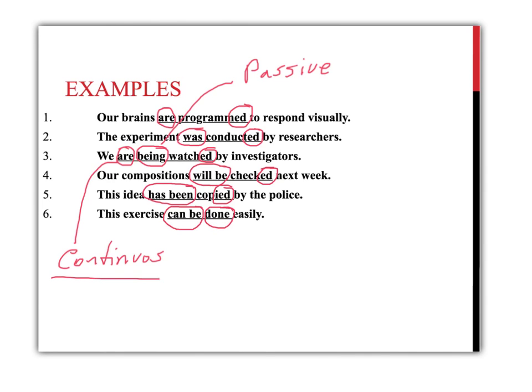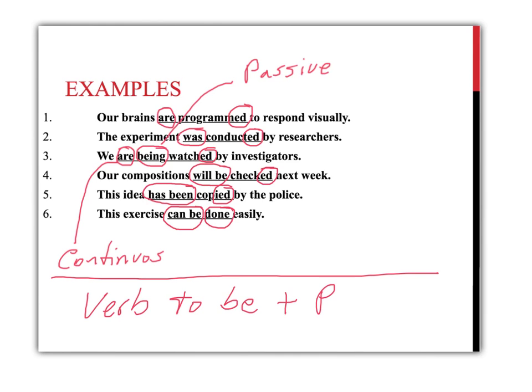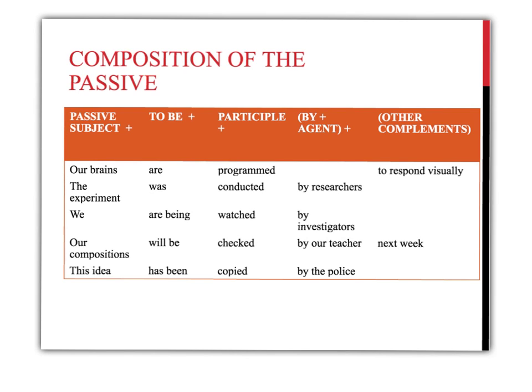So basically, what you need to bear in mind is that you need the verb to be plus the participle. Okay? Now, in the next slide, you're going to see the composition of the passive with more detail.